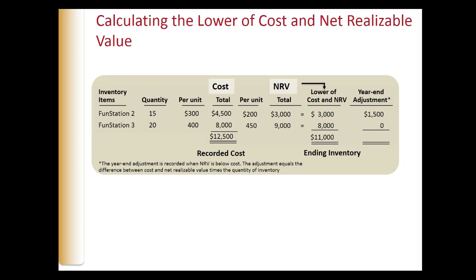To reduce the inventory from that original cost of $4,500 to its lower net realizable value of $3,000, which is 15 times 200, Mario has to record a $1,500 reduction in inventory with a year-end adjustment to cost of goods sold and inventory.